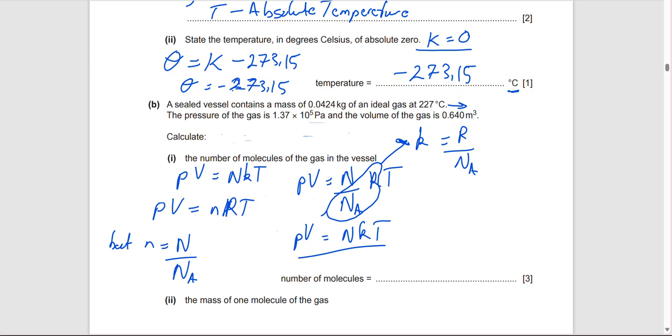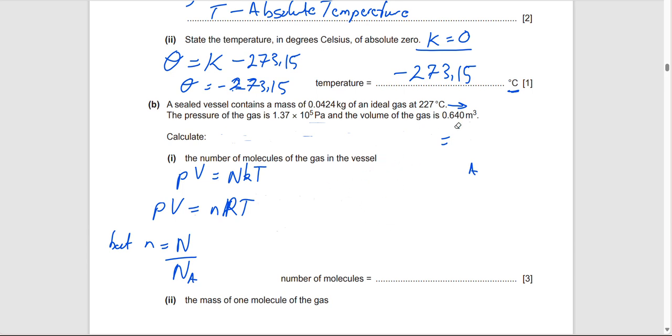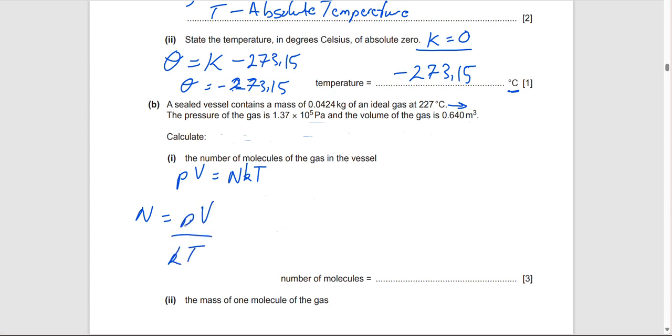All right, so that's how you do that part. Just wanted to show you where you get that equation from. Okay, let me do the calculation now to get the number of molecules. Remember, moles and molecules are not the same. Remember that. So N is equal to PV over kT. Then we substitute in the values that we have: 1.37 by 10 to the 5 multiplied by the volume, all over the Boltzmann constant multiplied by the temperature.